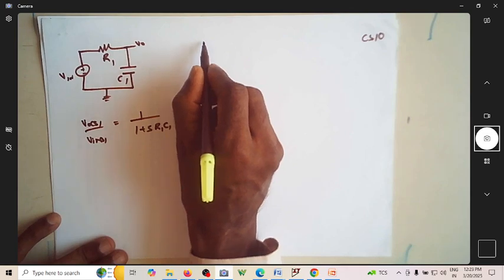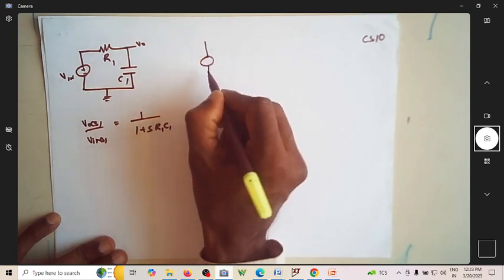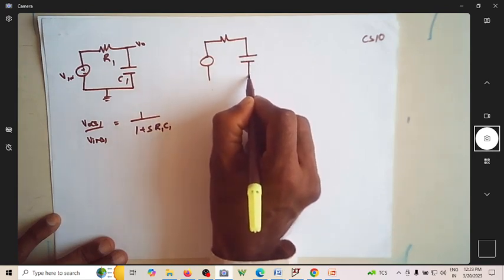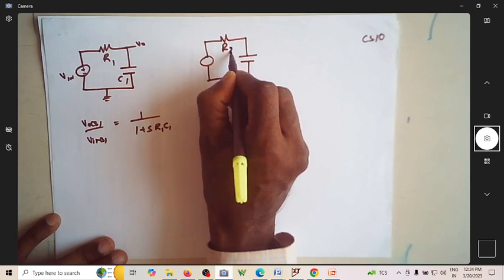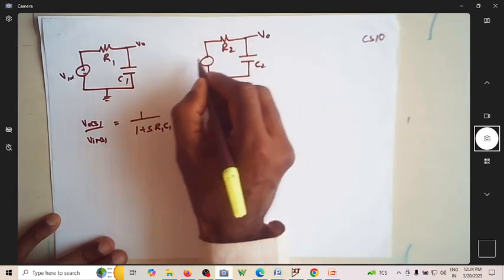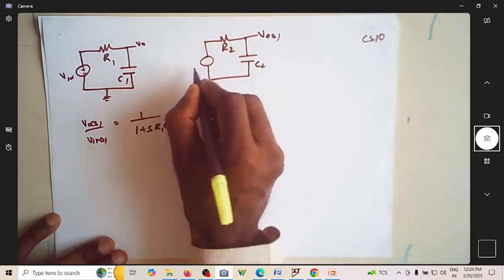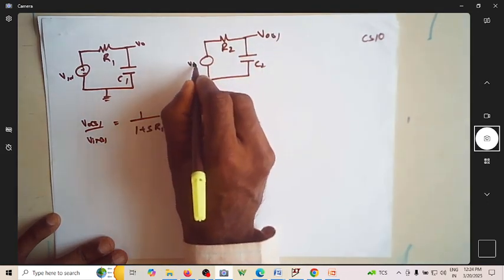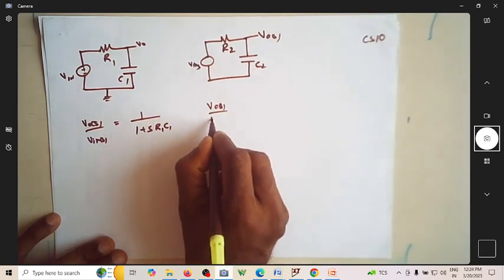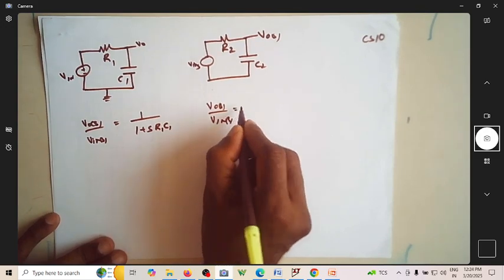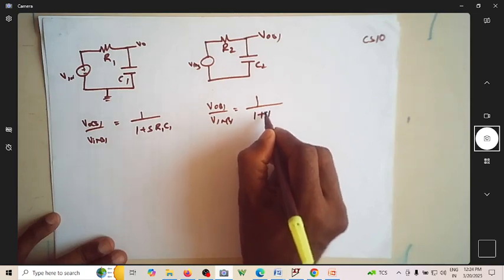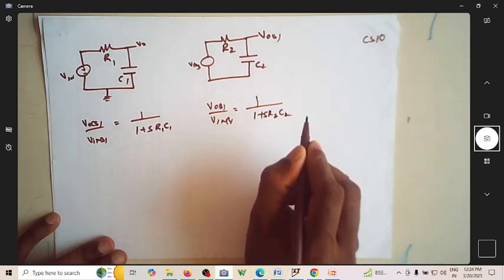Let me take another similar type of circuit, with different values of R and C. Let me take this as R2, C2. Again, this is V naught of S, and this is again V in of S. So naturally, V naught of S by V in of S of this particular transfer function is similar to this. The only thing is that the resistance and capacitances are different.